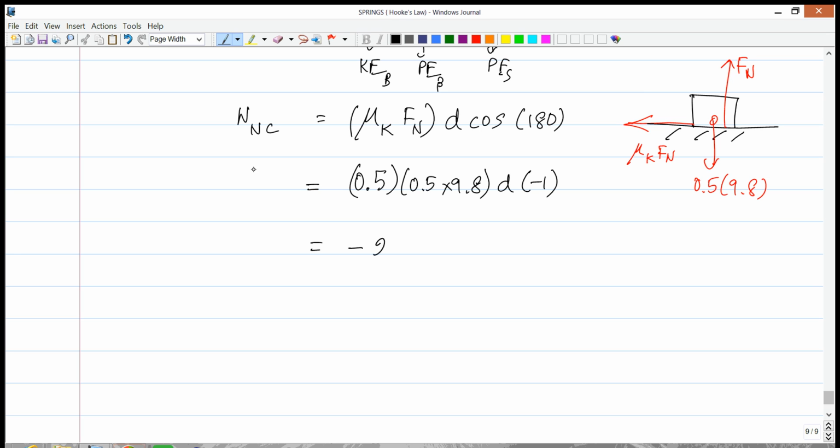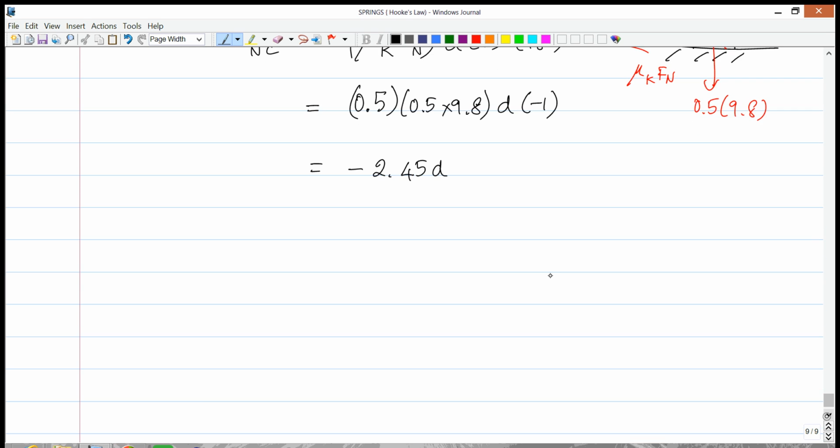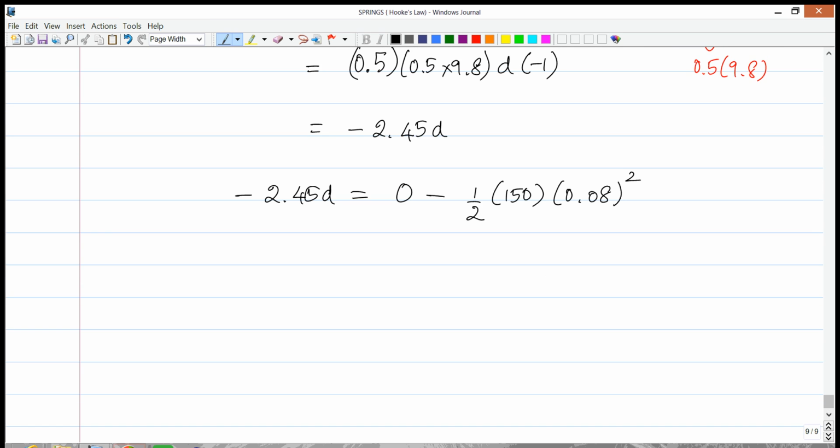So we have negative 2.45 d as the work done by non-conservative forces, and we can now plug it into the equation and have negative 2.45 d equals 0 minus 1/2 times 150 times 0.08 squared. That's it. And from here we can solve for d.